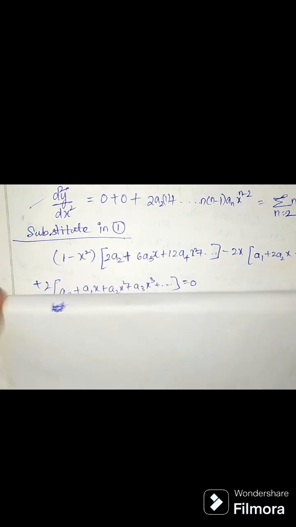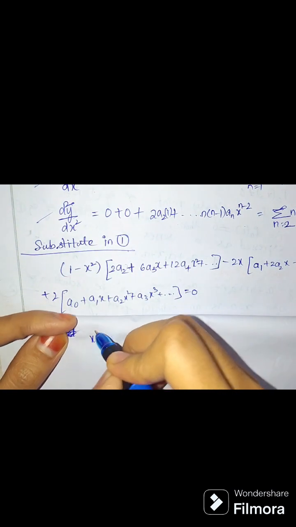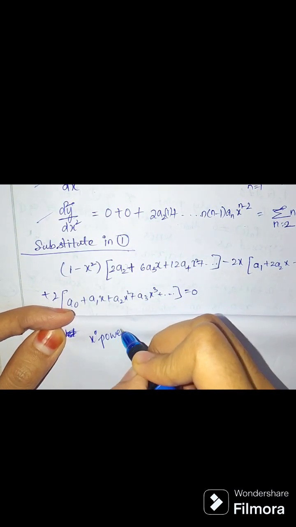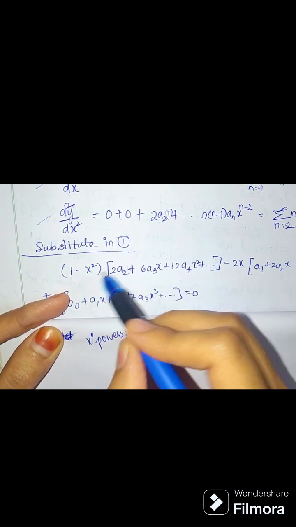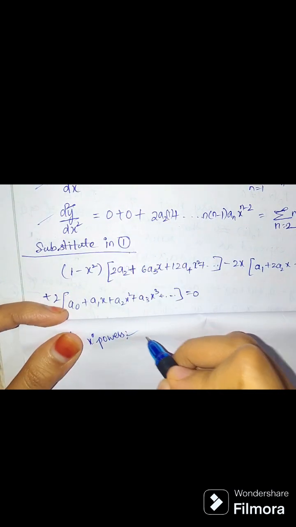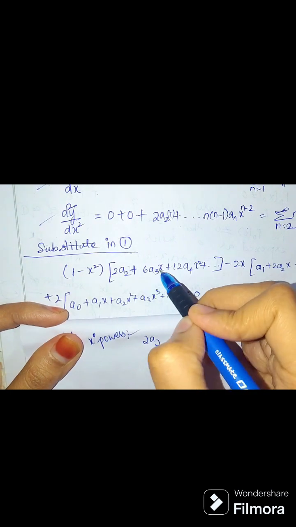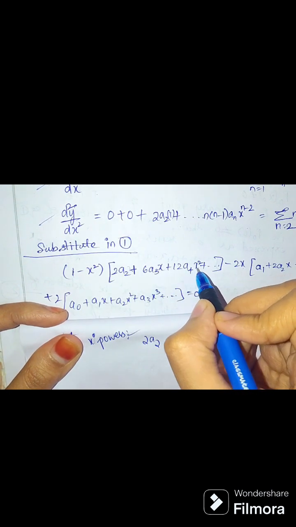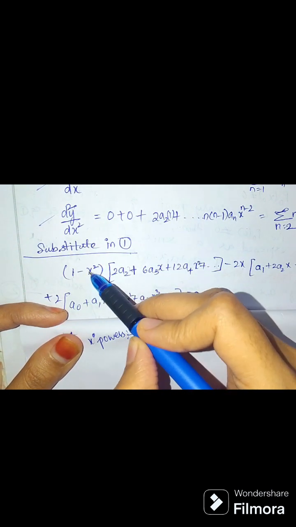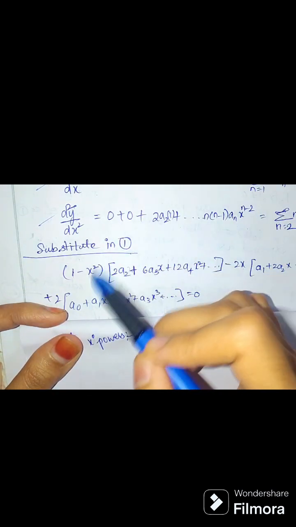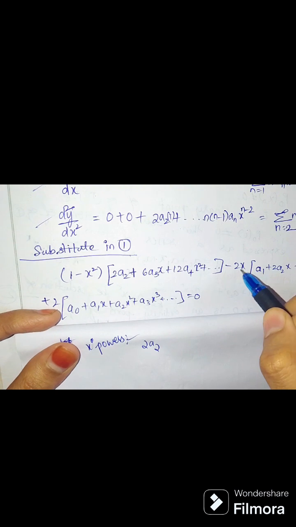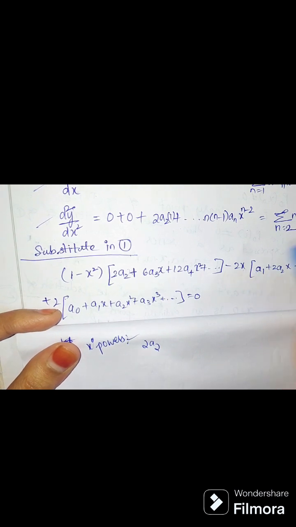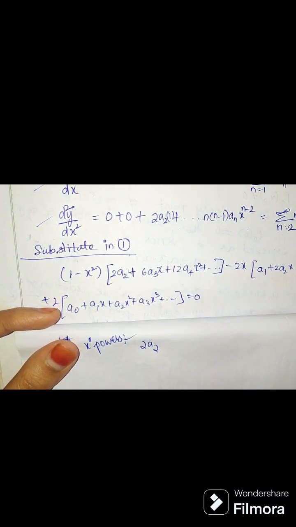Now let's see how we get the x power 0 terms. From 2a2, I'll get 2a2. Then here x is there, so it won't work. Here x will not work. The x square multiplication will never give x power 0, so this is done. Coming to here, minus 2x into a1, so I'll get x, so here also I'll not get.